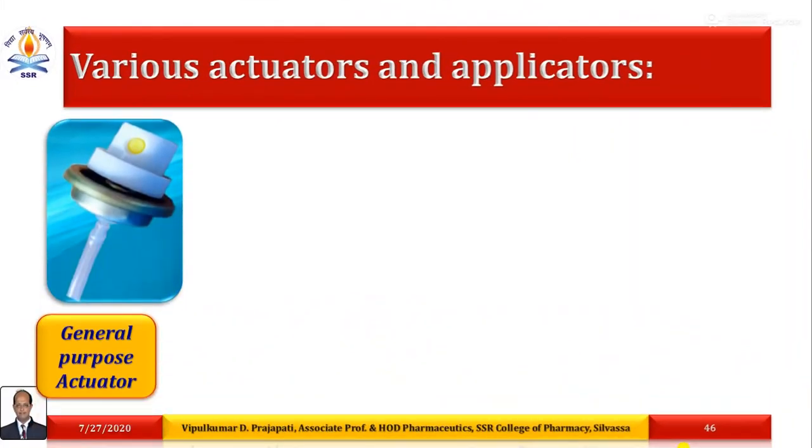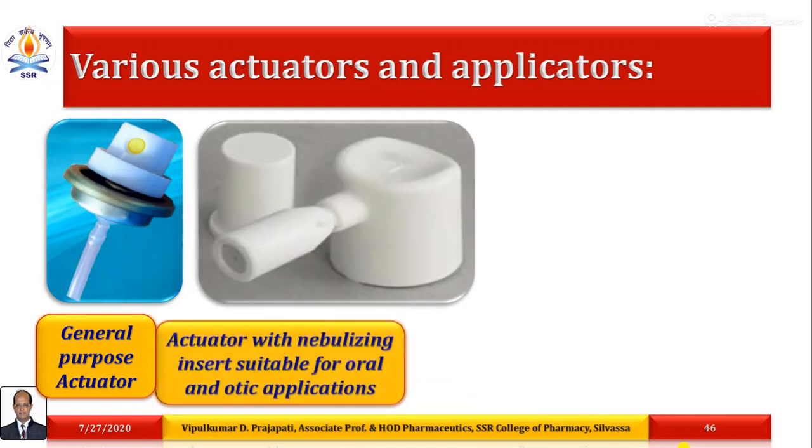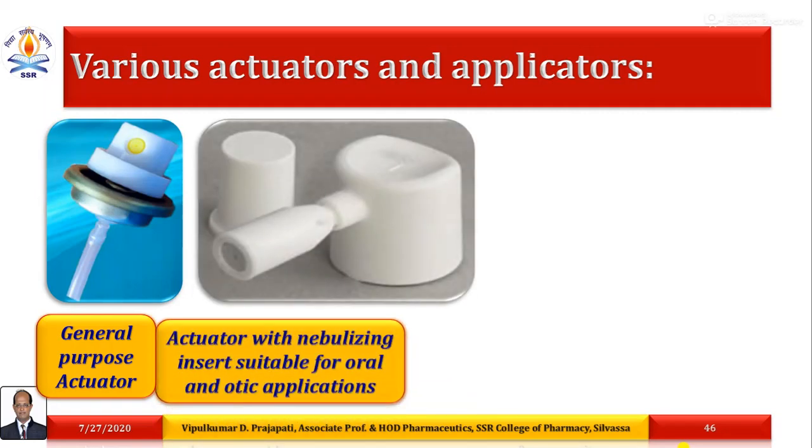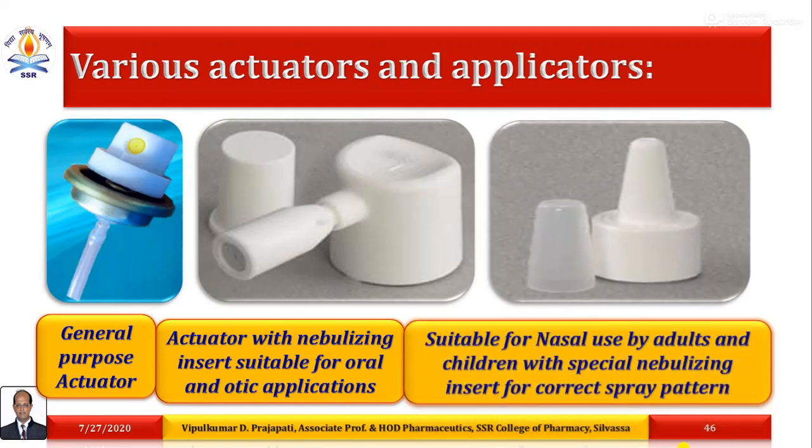This image shows various actuators and applicators. First one is a general purpose actuator. Second is an actuator with nebulizing insert suitable for oral as well as otic applications. And this figure shows one suitable for nasal use by adults and children with a special nebulizing insert for correct spray pattern.